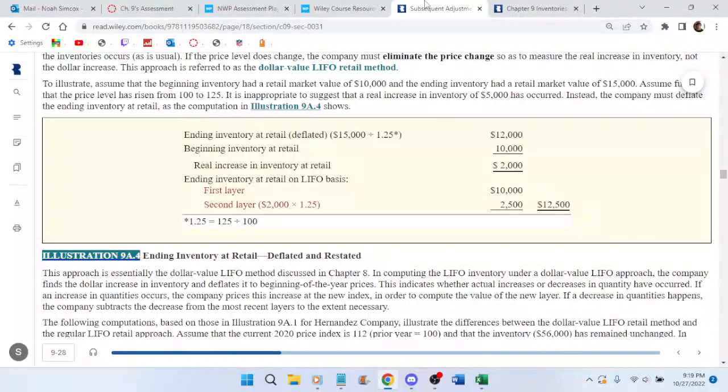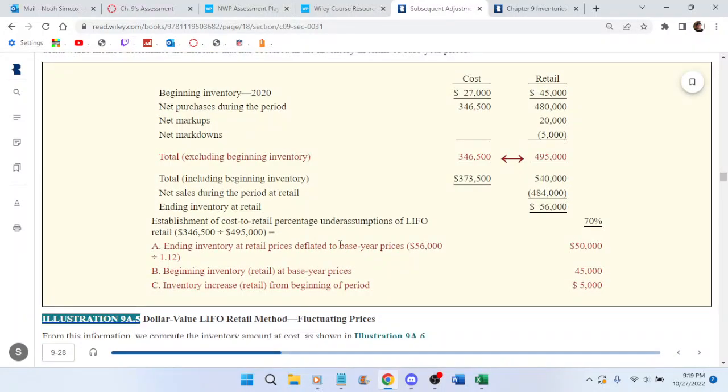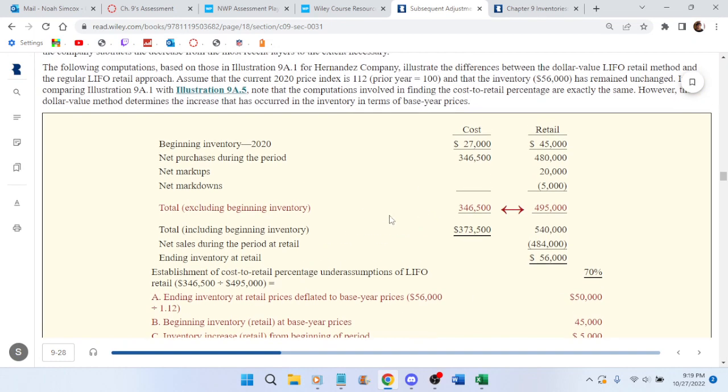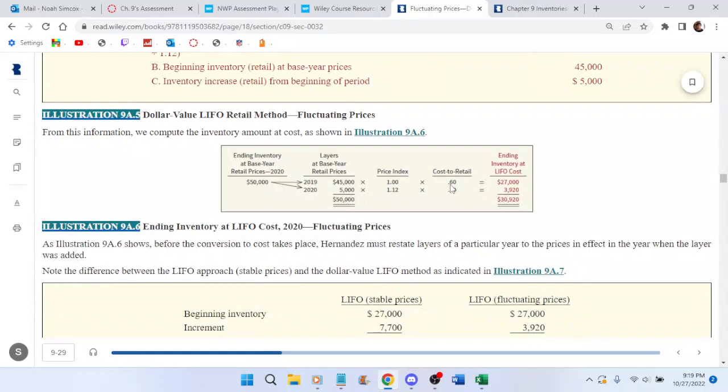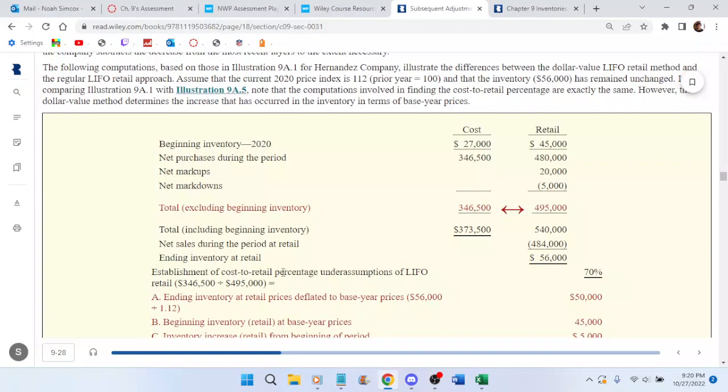They don't even explain it either. They don't explain where it's 0.6. You did not get 0.6 anywhere except for right there, and you didn't explain why. We have 0.7 here.